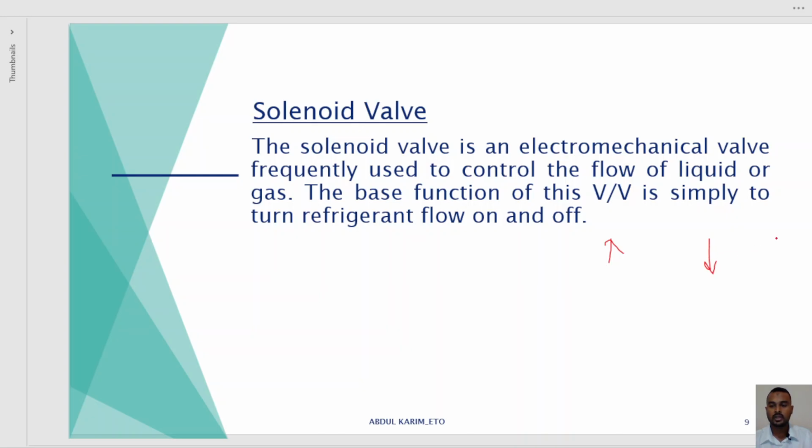As the solenoid valve opens, a large amount of refrigerant will pass through it. Again, when the evaporator is cooling down, the solenoid valve will be closed. As the solenoid valve is closed, less refrigerant will pass through this line. So the main function of this valve is simply to turn the refrigerant off and on.